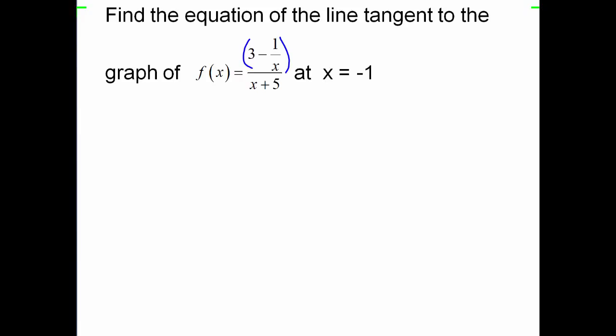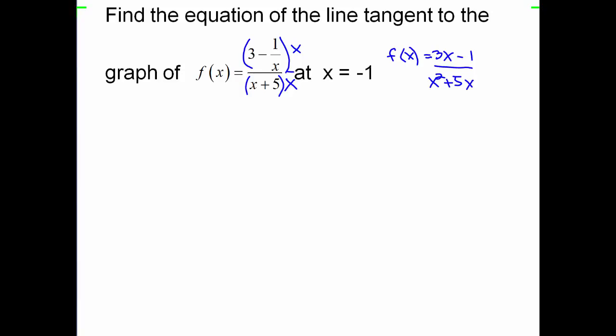Well, if I multiply by x, top and bottom, so when I distribute here, that's going to give me f of x is equal to 3x. When I distribute here, look what happens. The x's cancel, that gives me negative 1. Perfect. It's not a fraction anymore in the numerator. On the bottom, I'm distributing the x, so that gives me x squared plus 5x.